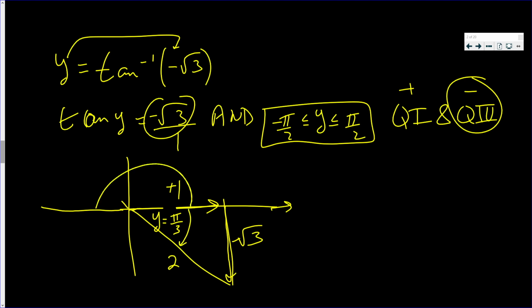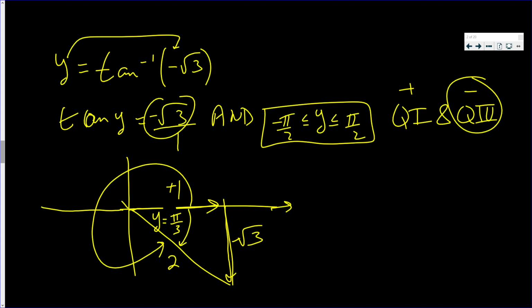Do not give this answer, because that answer is 300. But is 300 between negative 90 and 90? Yes, it's bigger than negative 90, but it's not less than 90. So make sure you don't give that as an answer.